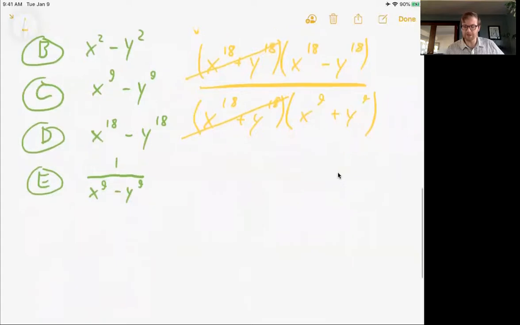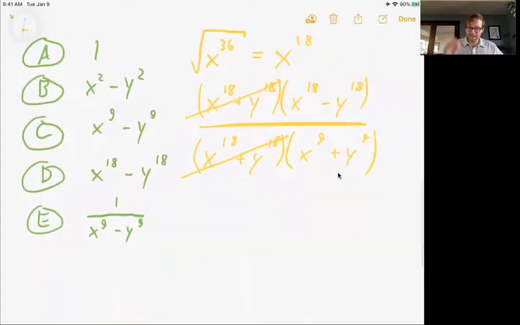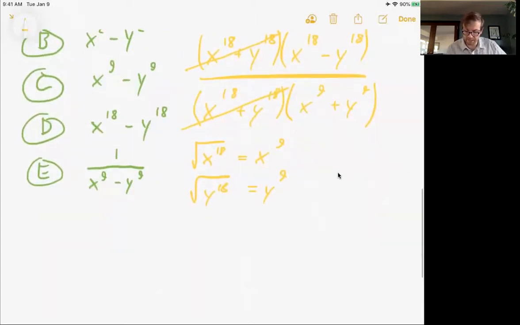And then you're back to like, oh shoot, but I don't know how to go any further, and this doesn't look like any of the answers there on the left. But once again, you look at this structure here, and you go, hey, that's once again the difference of two squares, because the square root of x to the 18th is x to the 9th, and the square root of y to the 18th is y to the 9th.